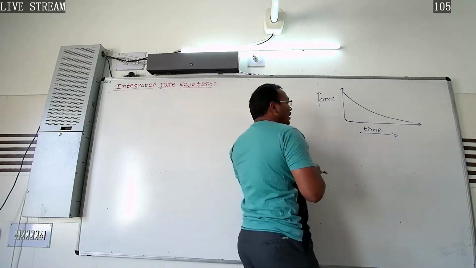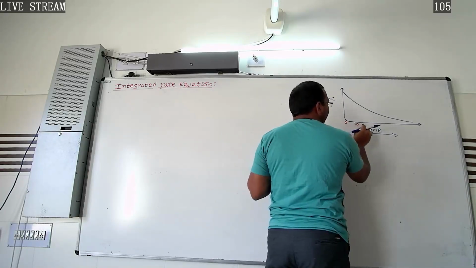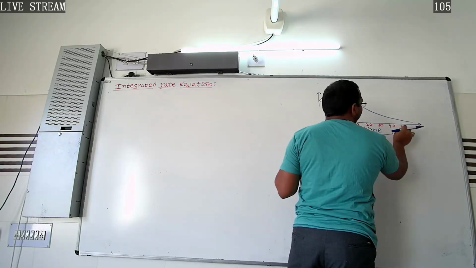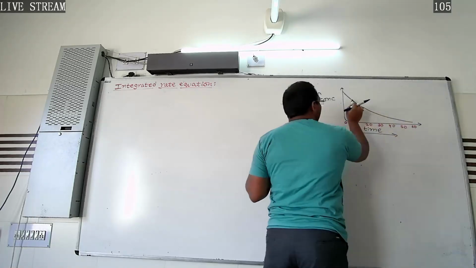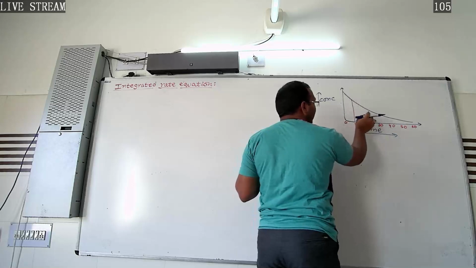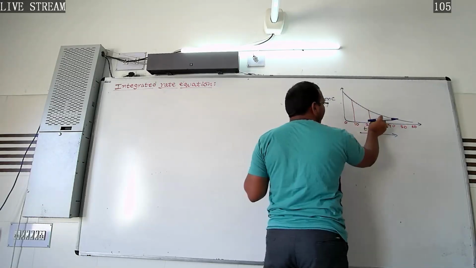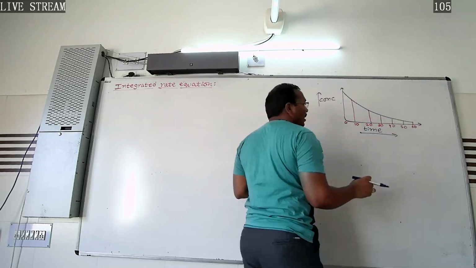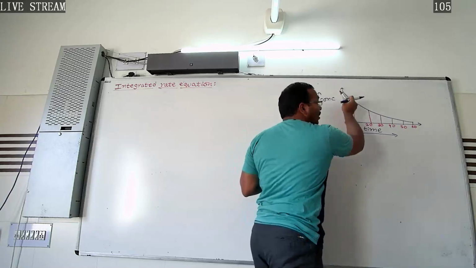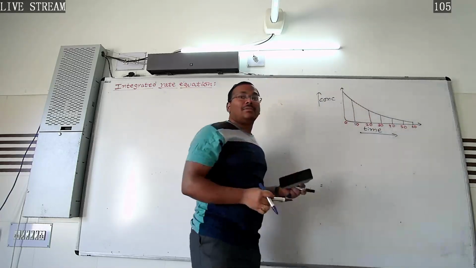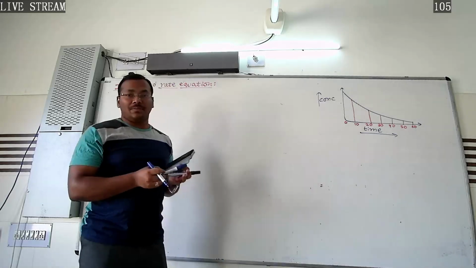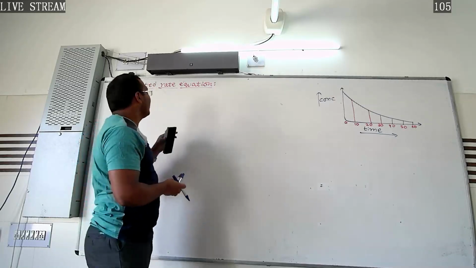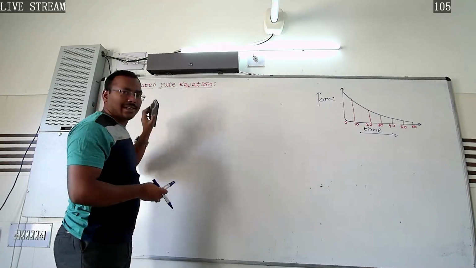But here the speed, here 0, 10, 20, 30, 40, 50 and 60. So 0 to 10 the rate is different, 10 to 20 it is different, 20 to 30 different, 40, 50, 60. So here the rate is different. So when we combine all these, then we will get one formula to find the rate of reaction, and that is what we have to learn. So today's topic is how to find the integrated rate equation or rate constant also.